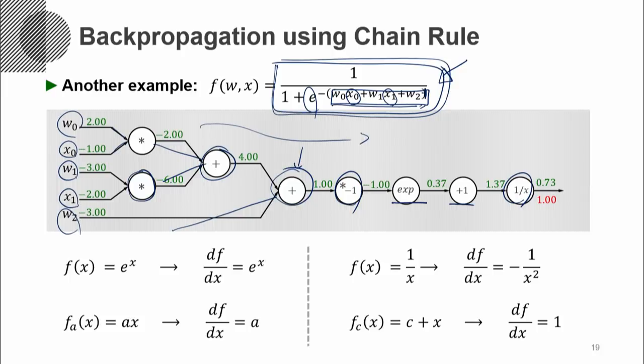And let's look at its derivative. Let's consider the current input values of all x's and w's as these values, and then the node outputs in our computational graph can be computed from these values. At each node, we can also compute its derivative with respect to its corresponding input.